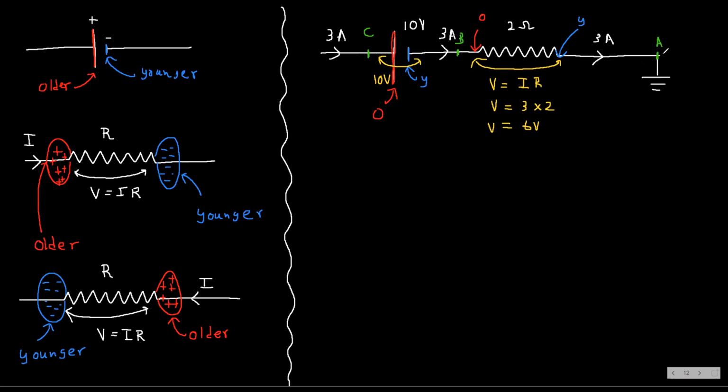What is the voltage of this point, VA? Yes, it's 0 volt. Then, what is the age of the younger one? 0. What is the age difference between younger and older one? 6. If the younger one is 0 volt, what is the age of the older one?